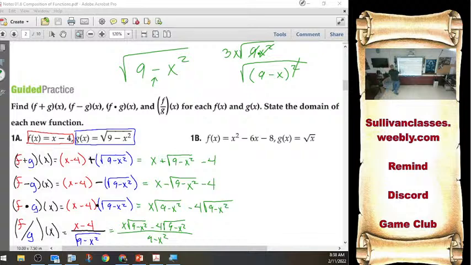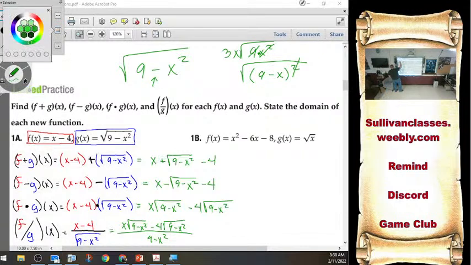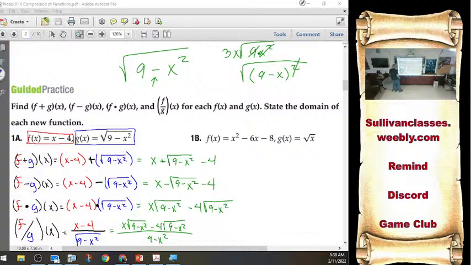Domain. Contestants 1, 2, and 3 all share the same domain if we go back to that number line. We know that something's going on at plus or minus 3, because that's how I would solve my radicand.